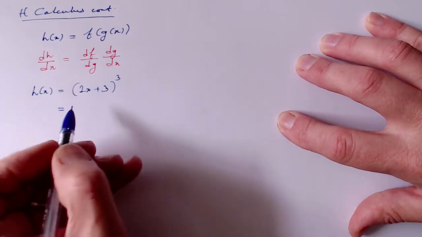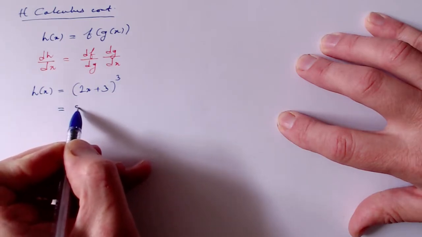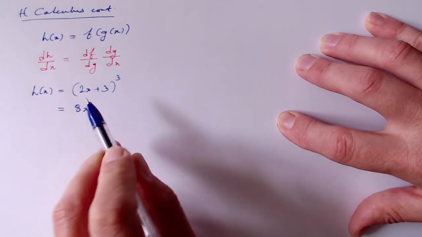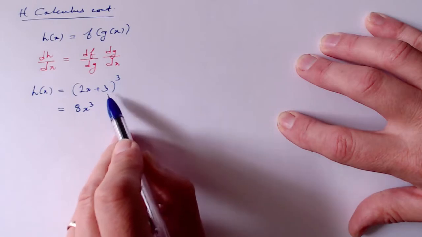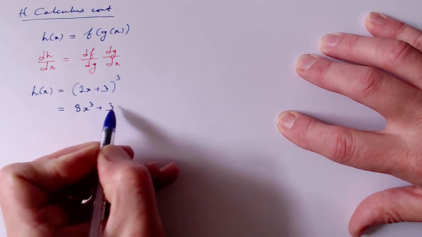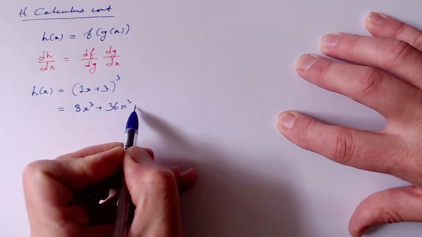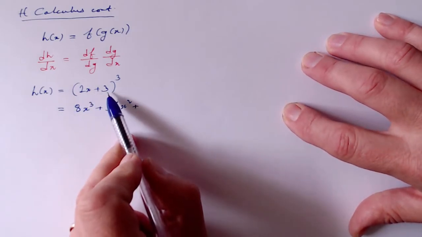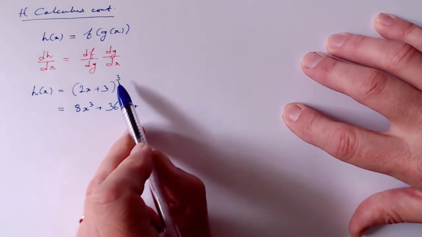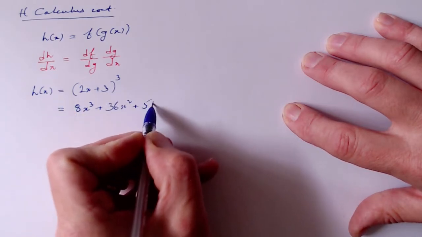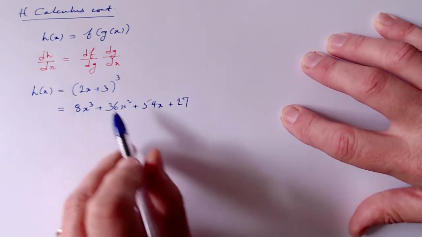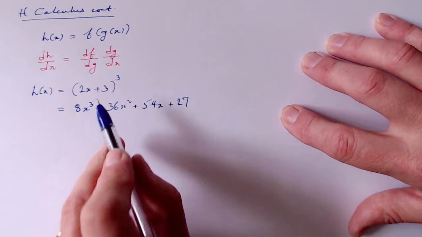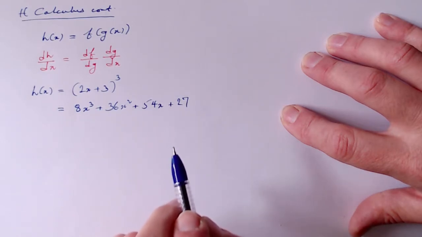If we were to do that, we would get 8x cubed plus 4x squared times 3, so that would be 36x squared, plus 2 times 3 times 3, and then multiplied by 3 again, which is 54x, plus 3 cubed, which is 27. To do that, I'm using something called the binomial theorem, which you would meet at Advanced Higher. But anyway, that's not relevant to today.